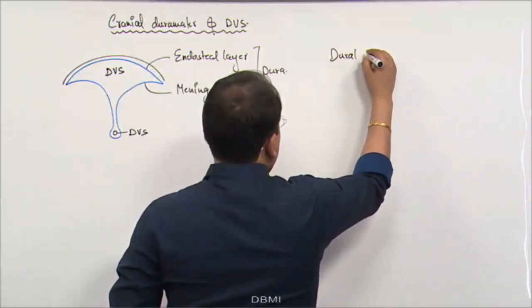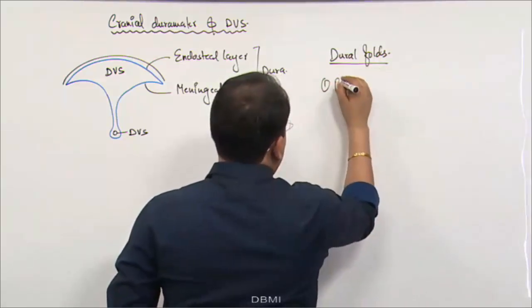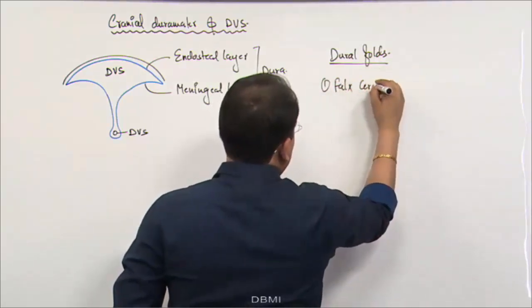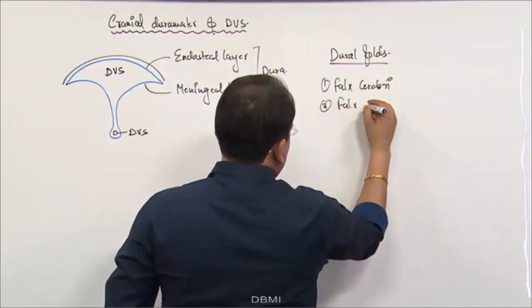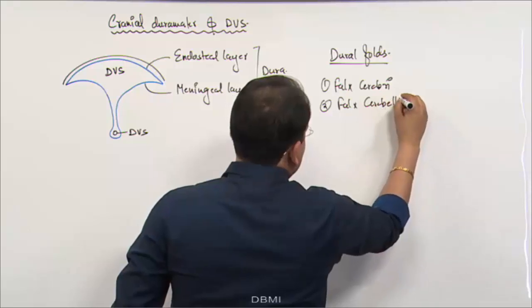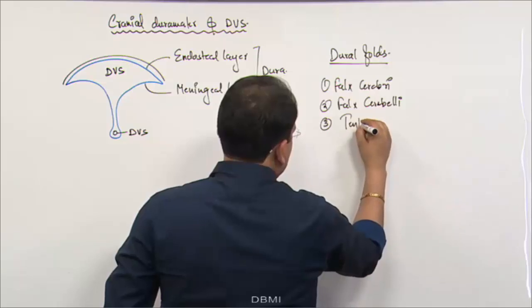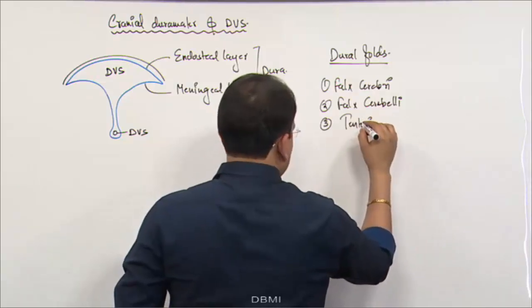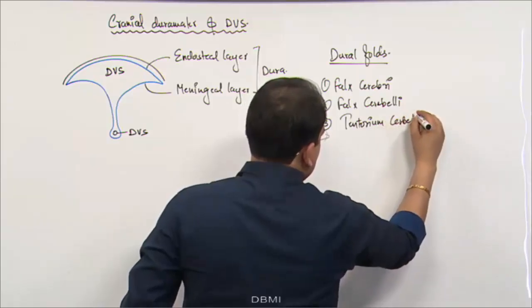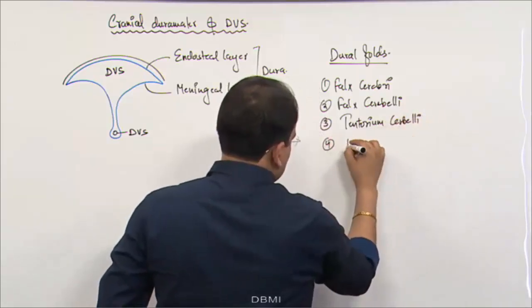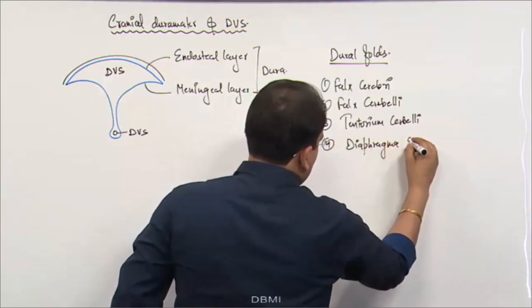The important dural folds are like falx cerebri, falx cerebelli, tentorium cerebelli, and diaphragma sellae.